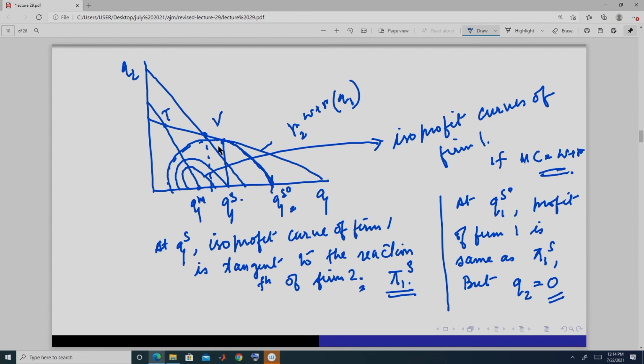Now, here you can see that if we take an isoprofit curve like this, and suppose we look at this point, then this point lies above this isoprofit curve. So, the profit here is going to be less than this profit. Okay? If that is the case, then we would prefer this Stackelberg rather than this, right.